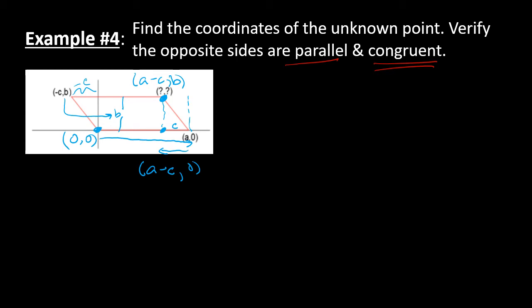Okay, so we want to verify that the opposite sides are both parallel and congruent. So I need two things. For parallel, I need slope, and for congruent, I'm going to need distance. So let's just take the top. If I take the top segment and I want the slope, I'm going to take the change in y over the change in x.